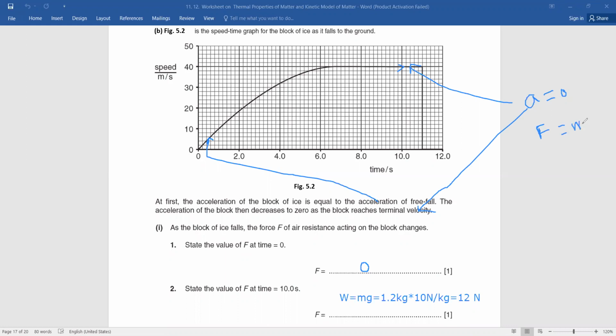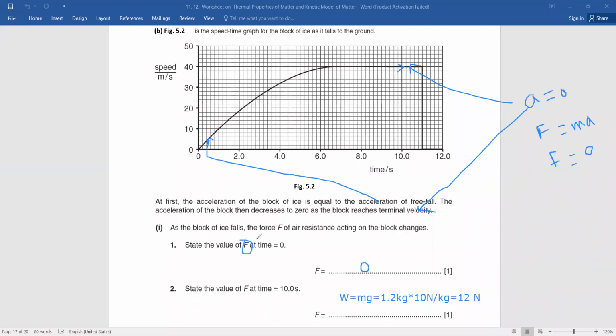Here F is the resultant force according to Newton's second law. So if a is 0, that means F is also 0, right? Resultant force is 0. Yes, sir. This F is different. This F is for resultant force. They are marking this F as air resistance.